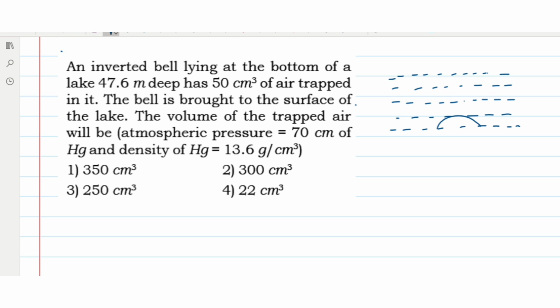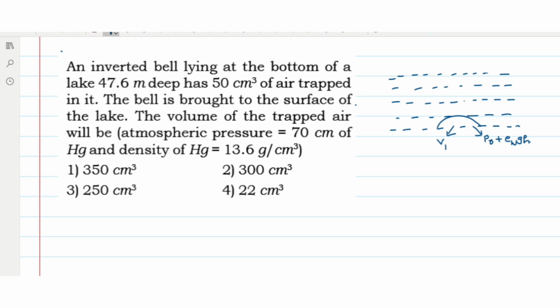Let us take the volume of the air trapped inside the bell as V1, and this is an inverted bell, so you have to take that assumption. Next, the pressure at this point is P0 plus density of the water into g into h.